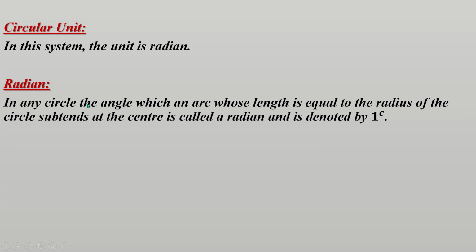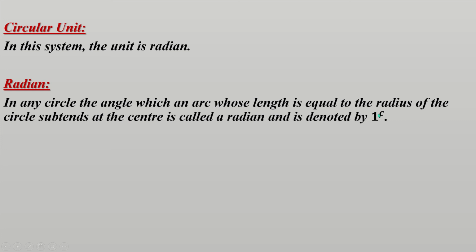Circular unit: in this system the unit is the radian. But what is a radian? In any circle, the angle which an arc whose length is equal to the radius of the circle subtends at the center is called a radian, and it's denoted by 1 radian.